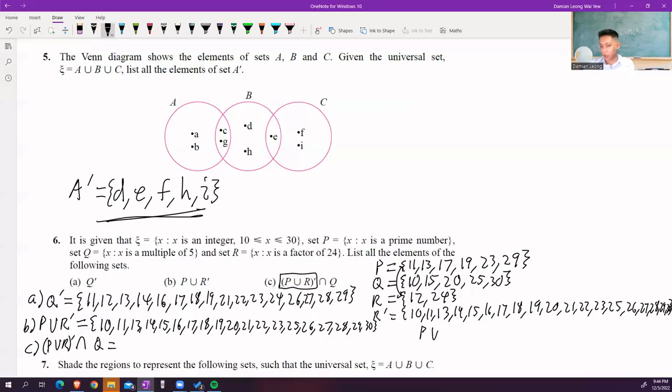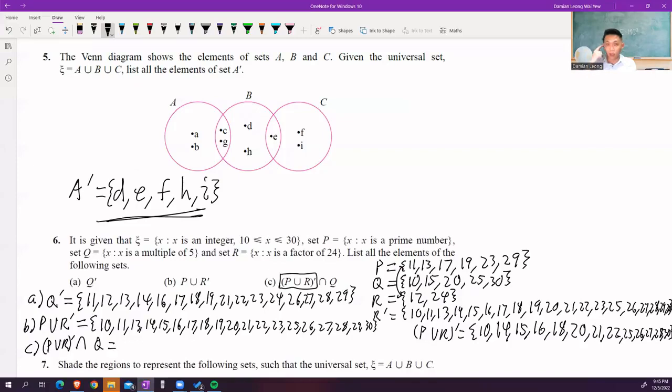Again, let's list out P union R complement. I have 10, 11 is here, 12 here, 13 here, 14, 15, 16, 17 here, so 18, 19 is here, then 20, 21, 22, 23 here, 24 here, 25, 26, 27, 28, 29 here, so 30.